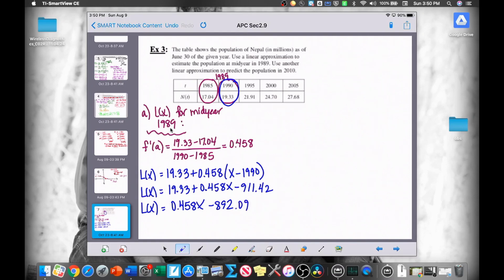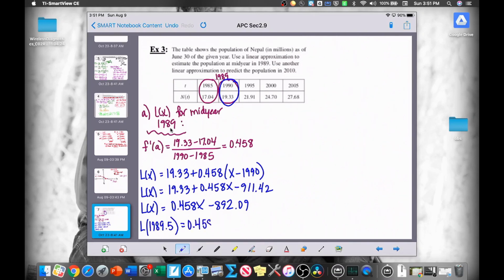Well, mid-year 1989 is like 1989 and a half, right? So I am going to find L of 1989.5 because that would be mid-year 1989. So I'm just going to plug that in for x.